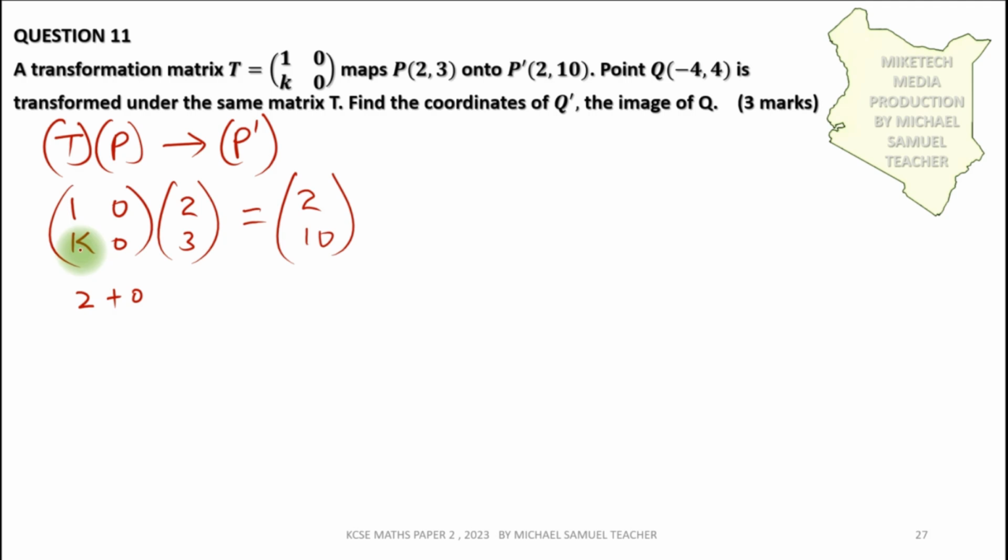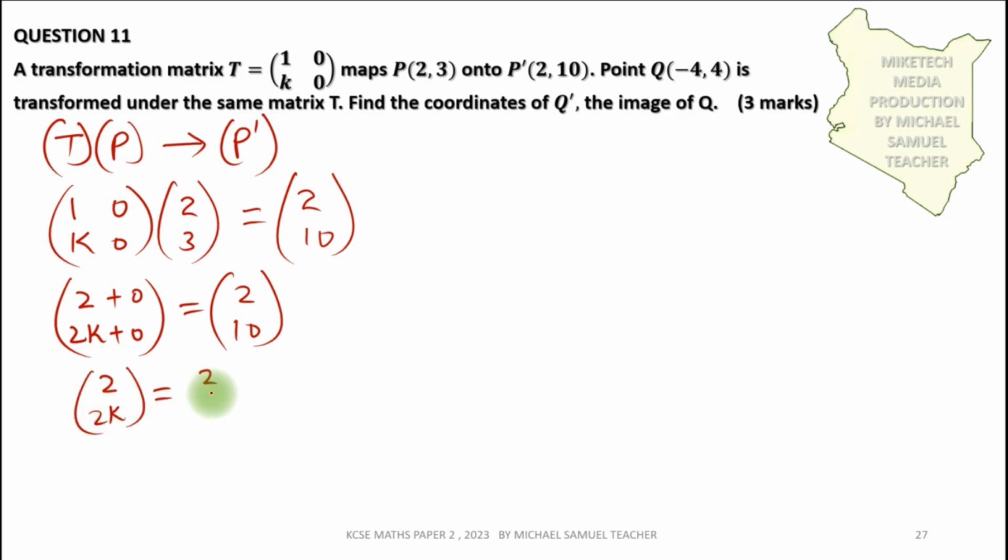Then the other one is K times 2, which is 2K, plus 0 times 3, which will be equal to 2, 10. So we equate the corresponding elements. So 2K is equal to 10, therefore K is equal to 5.